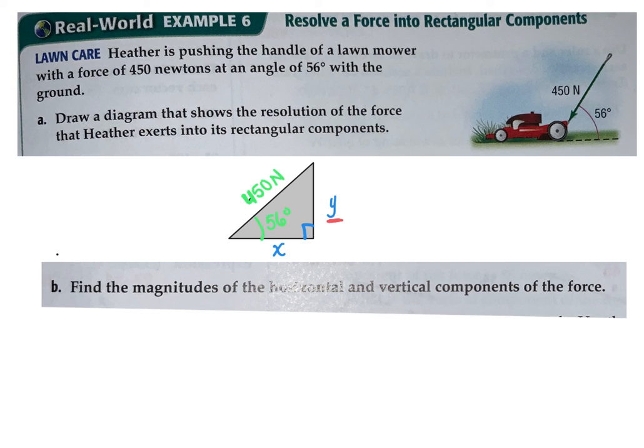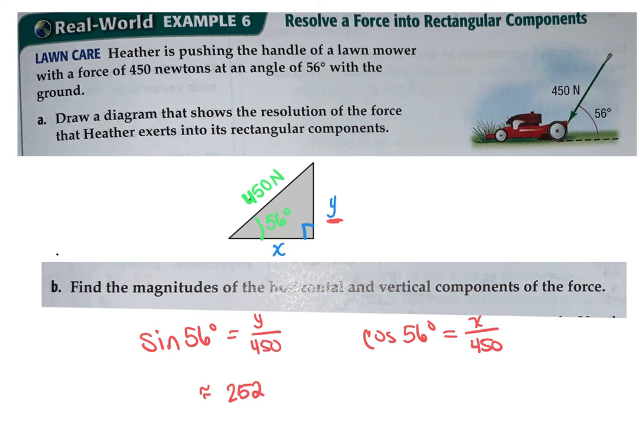So if I want to find this guy, I'm going to say, well, the sine of 56 degrees should equal my y over my 450. And my cosine of the 56 degrees should equal my x over my 450. All right. Easy enough. And so when you do that, your x, and they rounded it, is approximately 252, and your y is approximately 373.